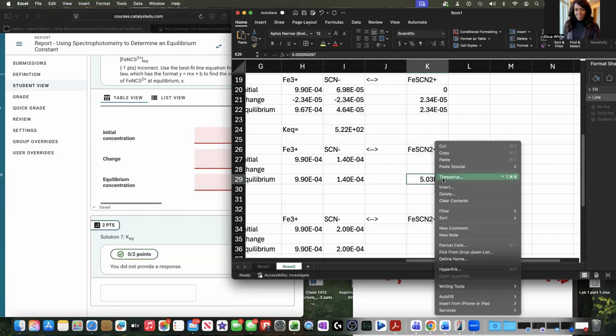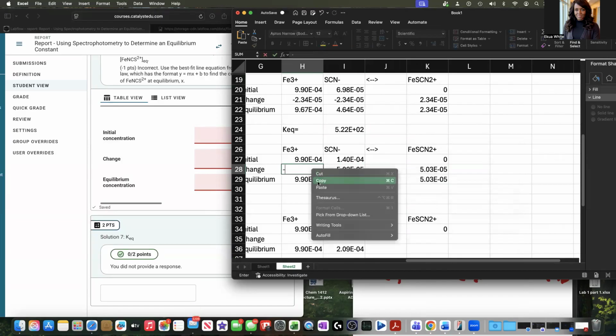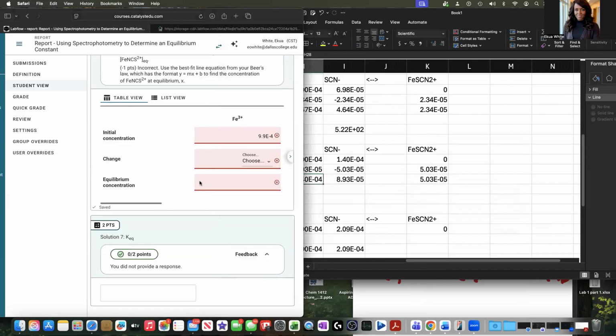Since I have this here, I'm going to copy here, paste this. We're going to add this, minus, paste, minus, paste. And so it looks like we have minus x.